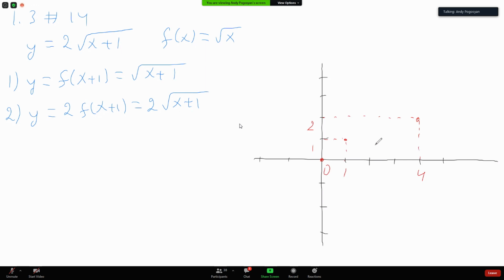So this is the graph of, let's say, y equals square root x. Now, x plus 1 means 1 unit shifted to the left. So the points are becoming those. 0 moves to this point, negative 1. 1 moves to the left. 4 moves here. This would be your new graph.